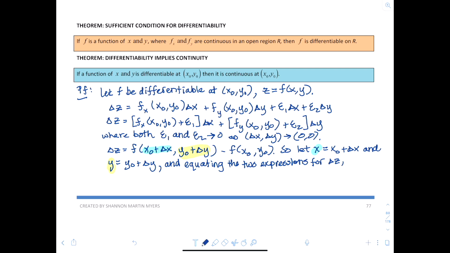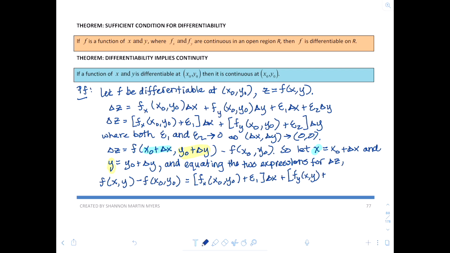All right, so putting that into the equation, what are we going to have? We would end up having f of x and y minus f of x0 and y0 equal to fx of x0, y0 plus epsilon 1 times delta x plus fy of x0, y0 plus epsilon 2 times delta y.